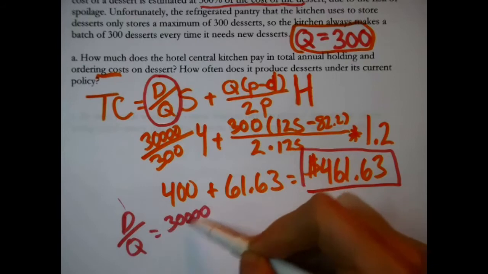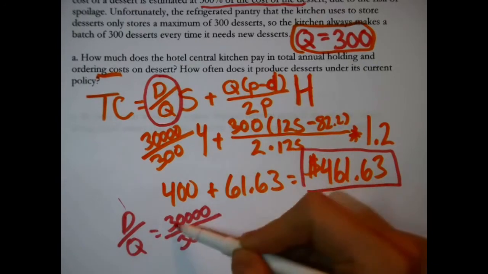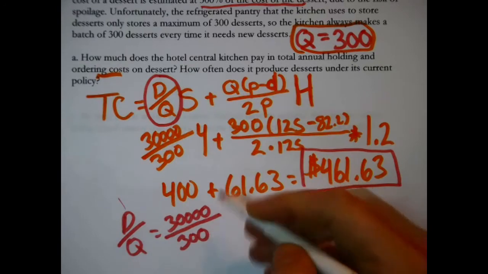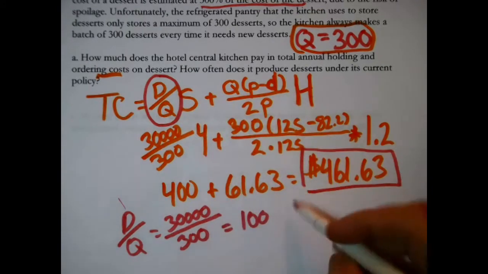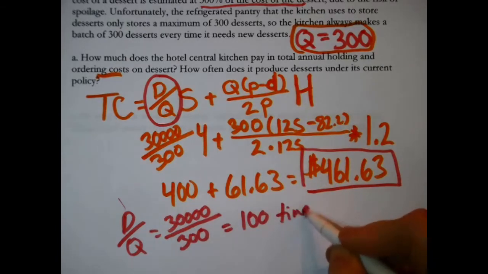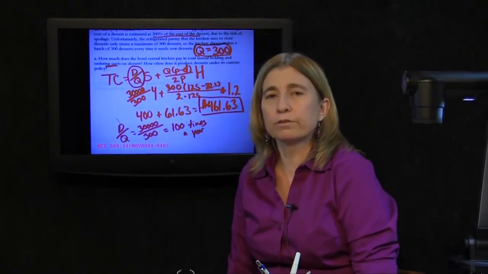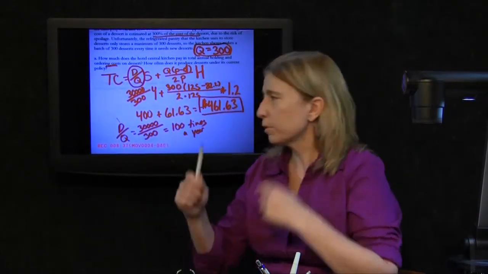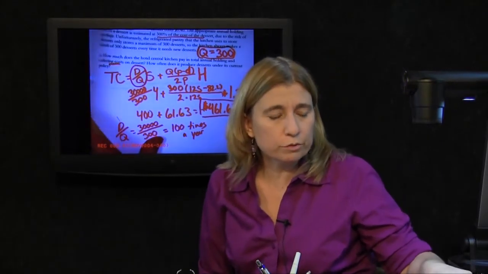They have a demand of 30,000 a year that they are meeting by making these 300 at a time. Doing that division all by itself reveals that they are producing 100 times a year, basically, the frequency of ordering. Oh, okay, so that's taken care of too, although we actually had done that within the first formula.